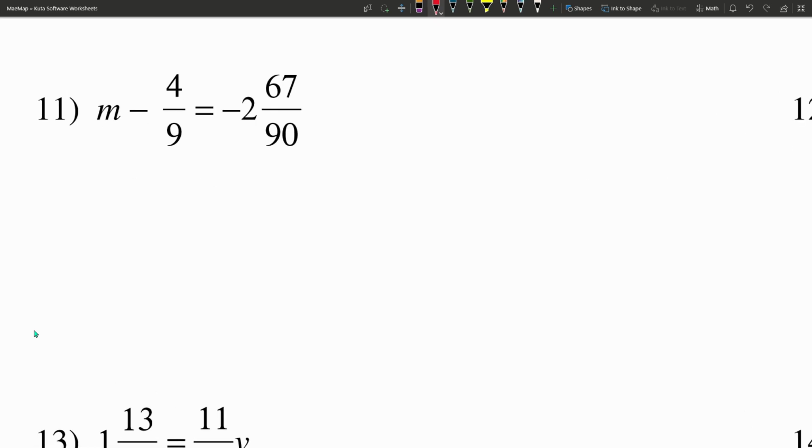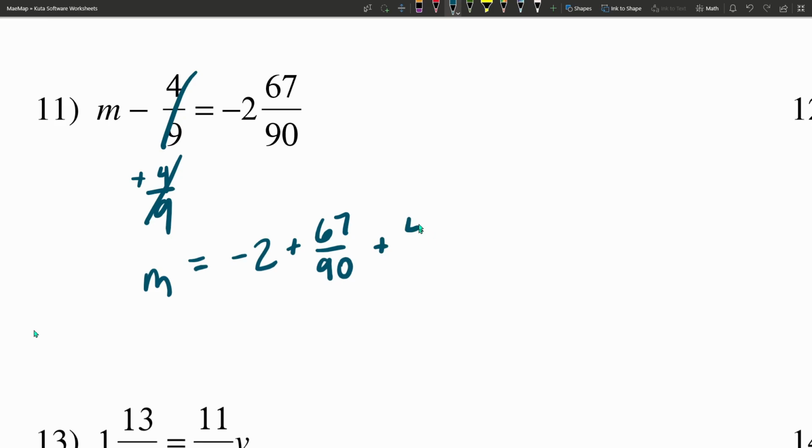For number 11, we're going to need to add 4/9 to both sides. When I add that, I isolate my m on my left-hand side, and I get -2 and 67/90 plus 4/9, splitting up that mixed number with addition.